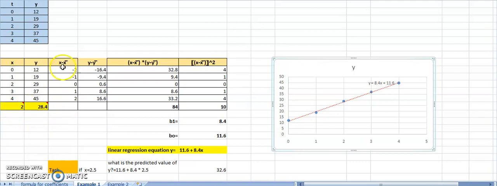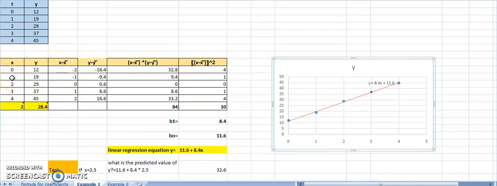Our next calculation is the difference between the sample value of x minus the mean of x. So every x minus the mean of x. So that means the first sample value 0 minus the mean of x, 2, gives me minus 2.